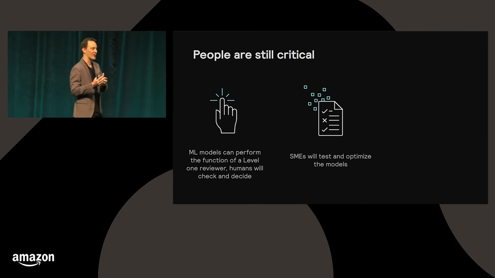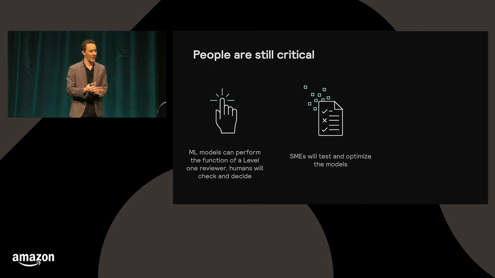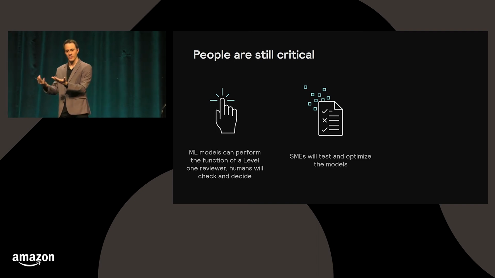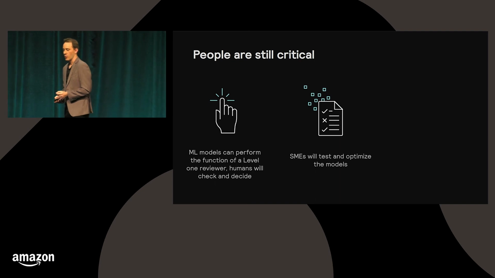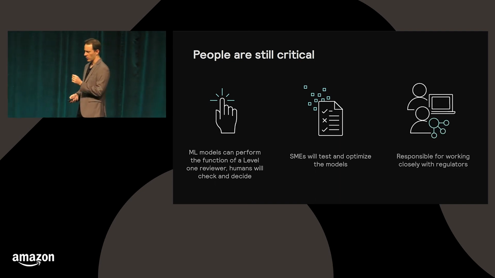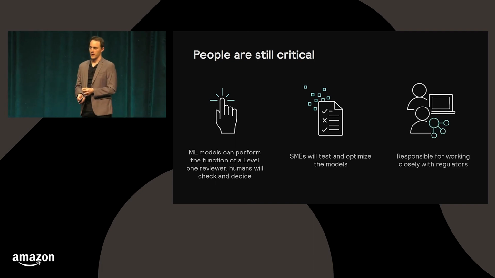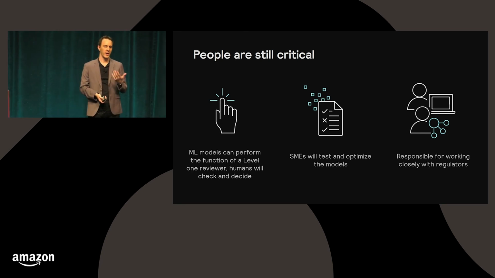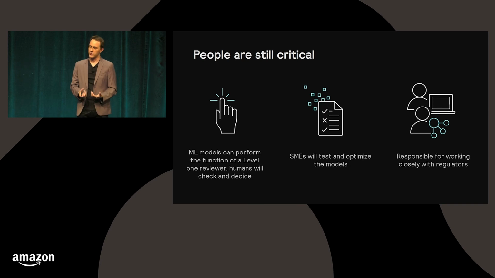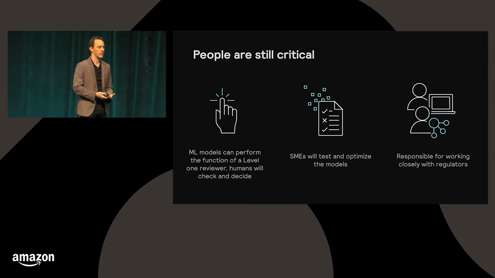One knows a lot about machine learning and data analytics. The other one knows a lot about the processes and what the criminals are doing. And the SMEs will also be responsible for working closely with the regulators. So they will be responsible for explaining and justifying the use of these technologies to make it more clear and transparent for the regulators.